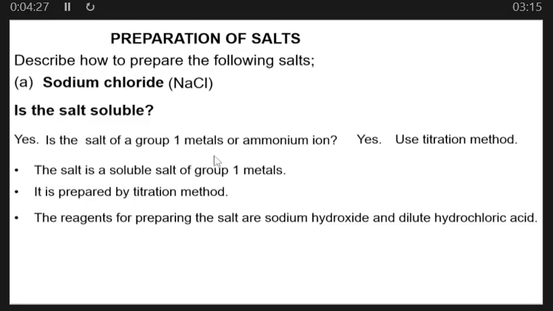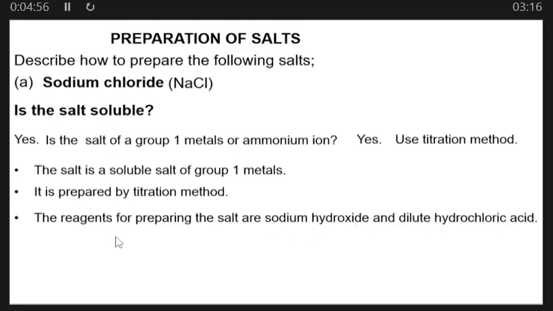So a salt of a group 1 metal is not prepared using a metal and an acid, but by a base which contains the same metal. In this case, sodium must be found in sodium hydroxide, and the chloride must be found in dilute hydrochloric acid. That's how you select the suitable reagents for the salt.